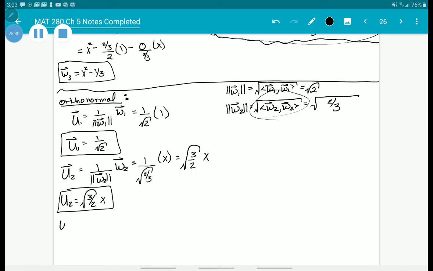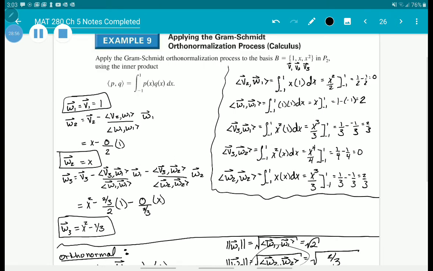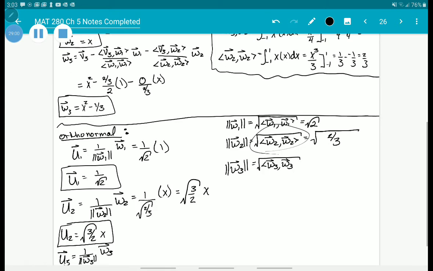So then U3 is 1 over the magnitude of W3 times W3. To find the magnitude of W3, that one we haven't found yet. That is the square root of W3 with W3. And remember, we're under this definition of an inner product. We're defining it by integration between -1 and 1.